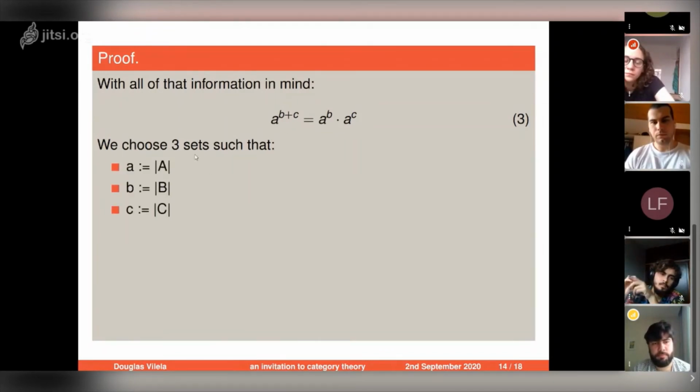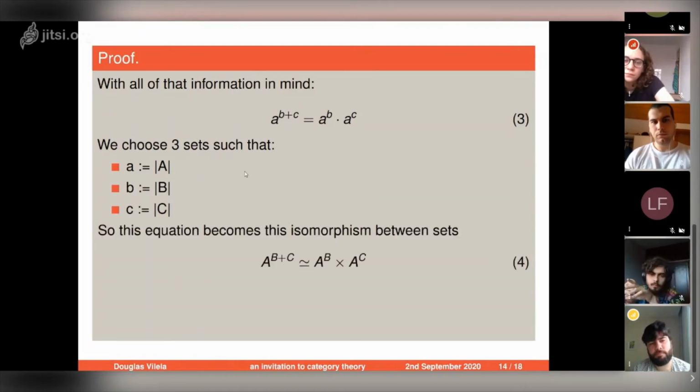With these three sets, an equation like that becomes just an isomorphism between these two sets, thinking that this is the disjoint union.